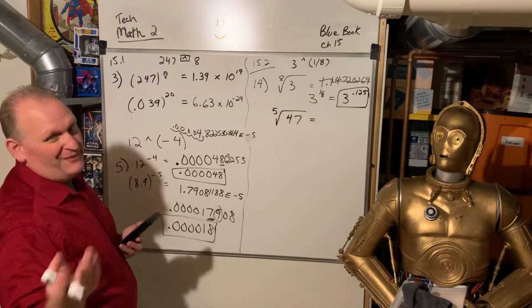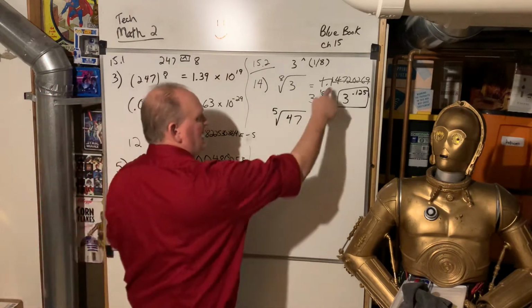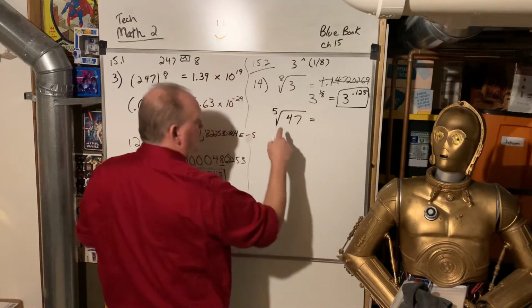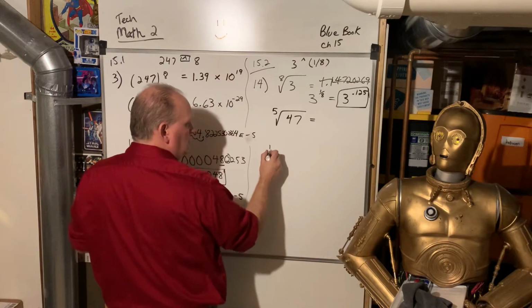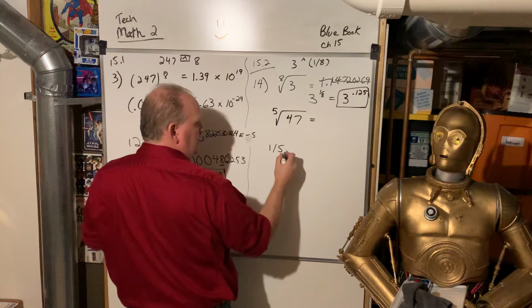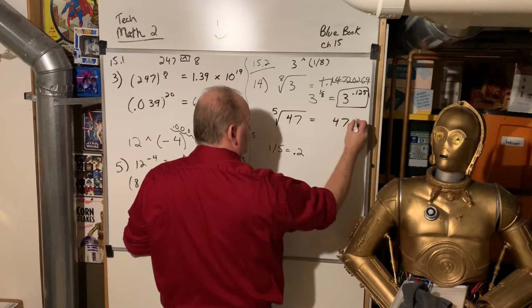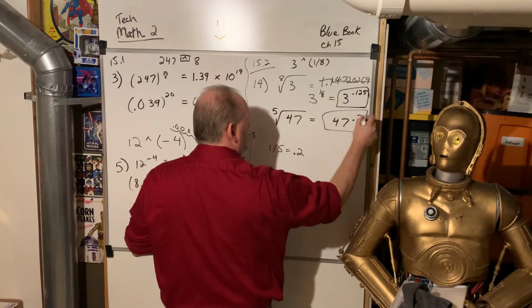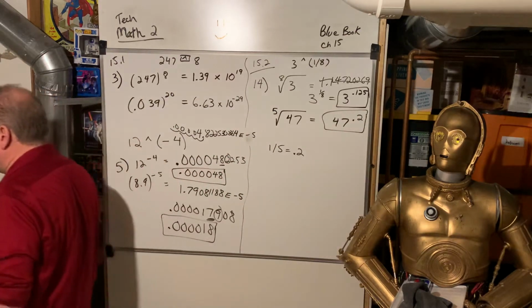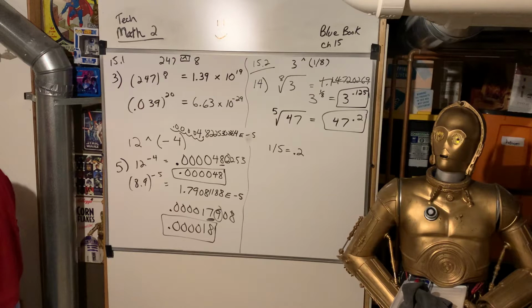Sorry about that. That's probably 5.3. They'll have us actually evaluate it. And so to the 1/5, so do 1 divided by 5 in your calculator, that's 0.2. And so this is 47 to the 0.2 power. So they didn't actually want us to evaluate the root. They just wanted us to express it as a decimal.